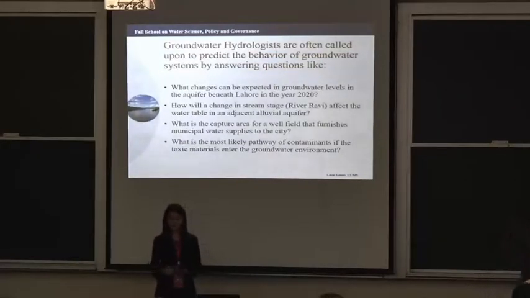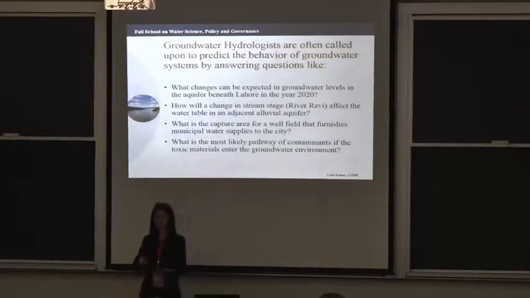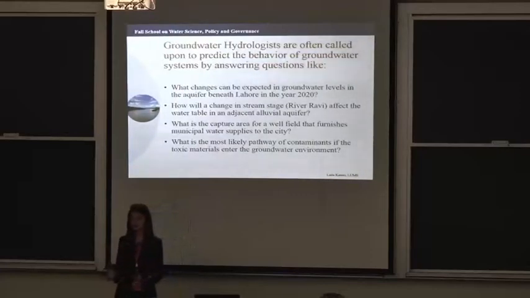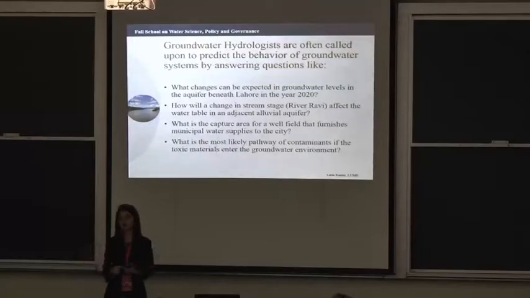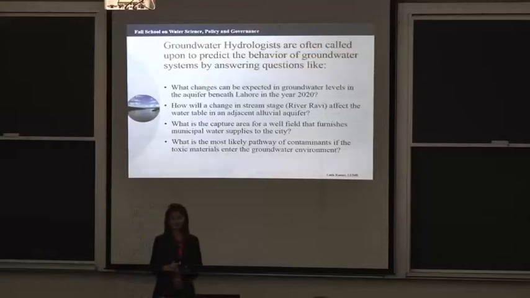Capture area for a field, well, you want to see to what extent a well can actually tap in water resources, how large its influence is, right? To what extent will the zone of depression be created if we dig a well? And what is the likely pathway of contaminants?